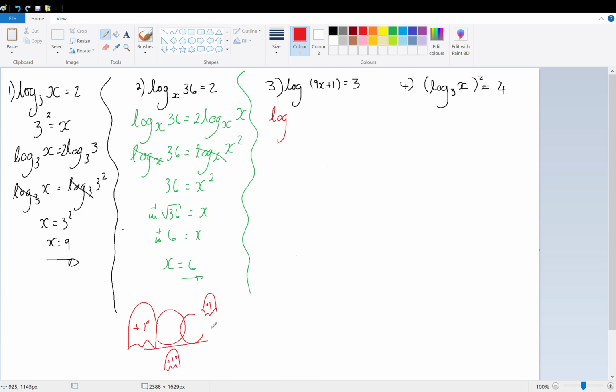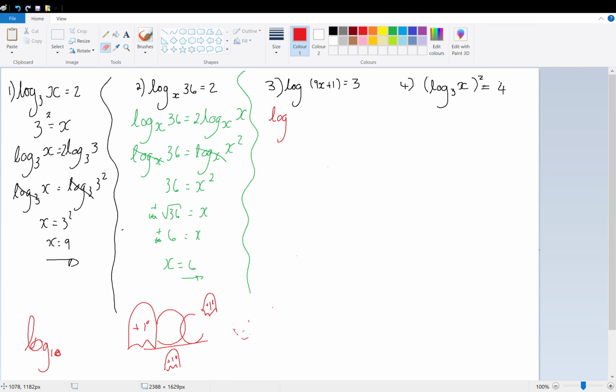My 3 little ghosts. Now, if I have a log and there's no base number, my base number is 10, not 16. Also, when I have a square root, there's a little 2. If there's a 3, there's no 2. It's a 3. And if there's a 5, it's a 5, not a 2. But if there's no number with a root form, it is a 2.